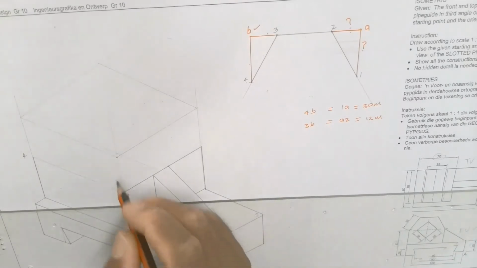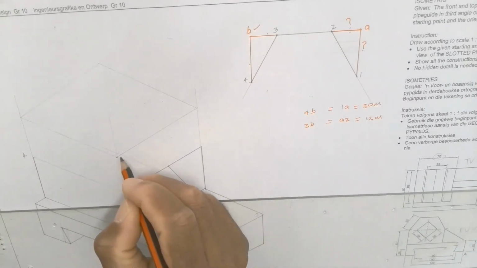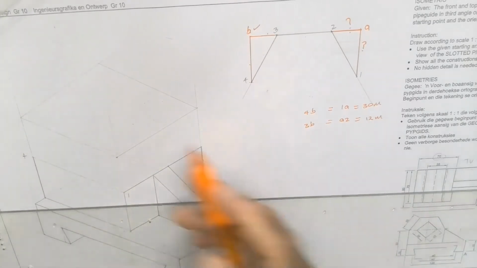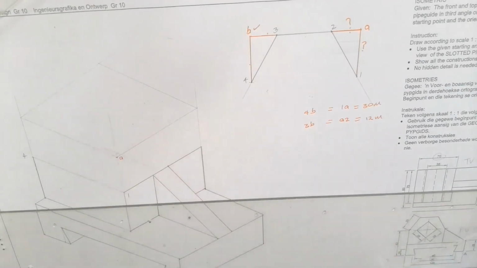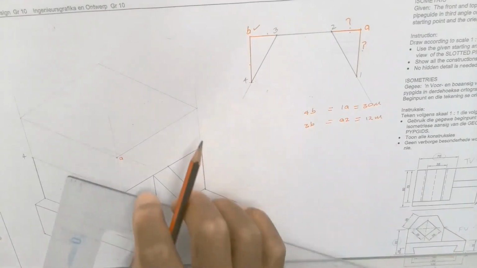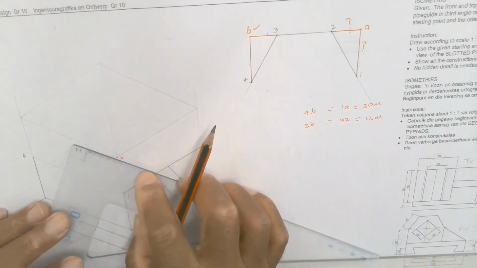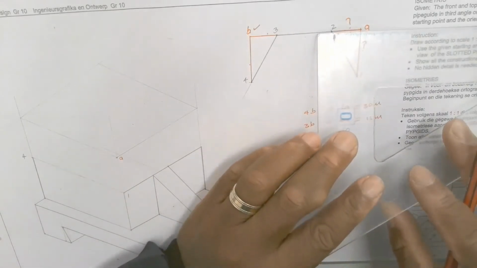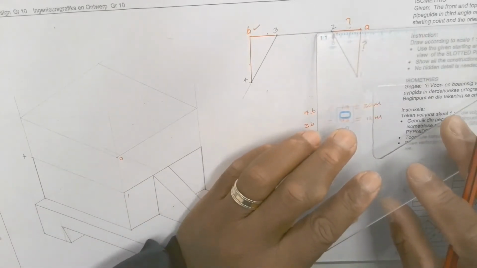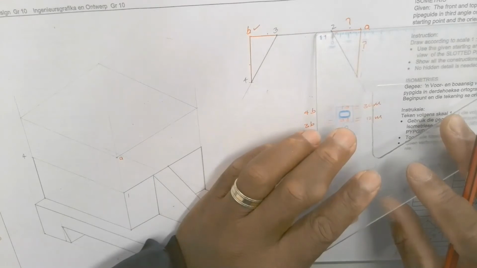I have 1A, and A is there. All right, let me put the label here. This is A. Now I've got 1A. Now, from 1A, I've got A2, which is how much? Which is 12. So I'm going to place A2 to be 12. Maybe let's just double check. It is, actually it's not 12.